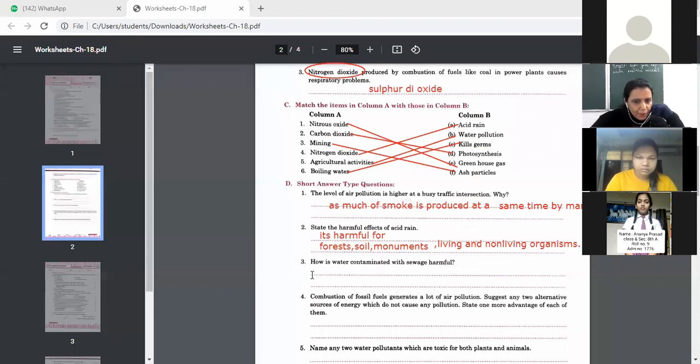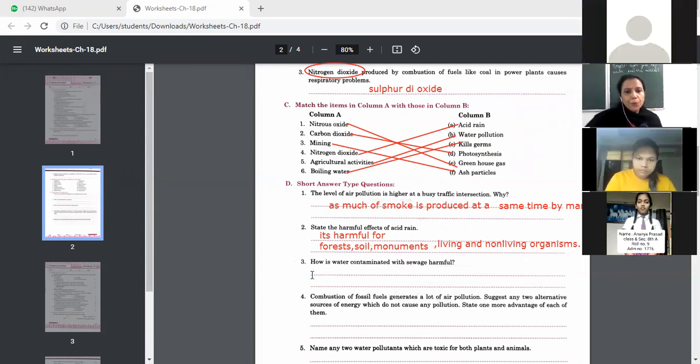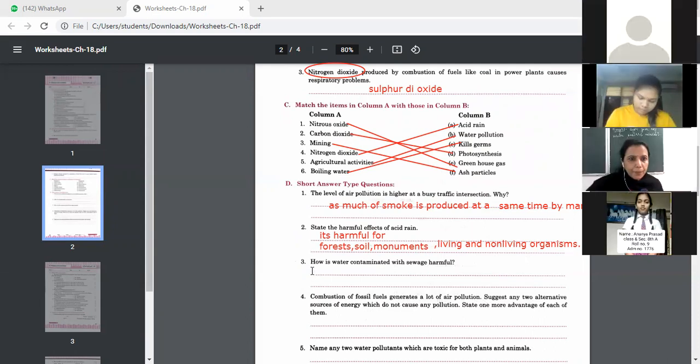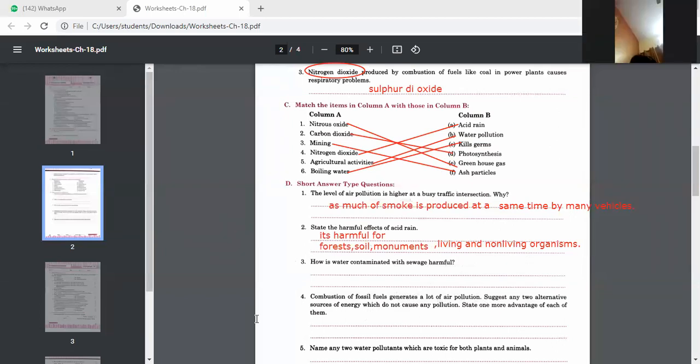Okay, children. Next is how water contaminated with sewage is harmful. We have read so many impacts of it, so how is water contaminated with sewage harmful? Aryan Singh, will you reply? Anshika Goyal, Saksham Vasanwal, Varun.